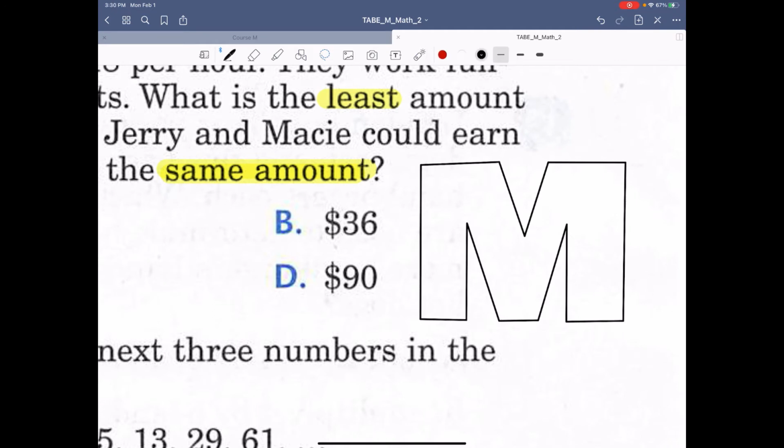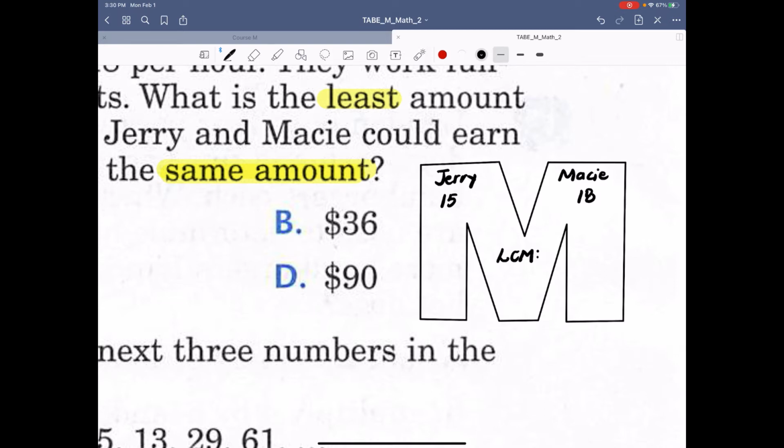And I have Jerry and Macy. Let me find my problem again so I don't have to keep scrunching that up there. Jerry is 15. Macy is 18. And we're looking for the least common point between those two.